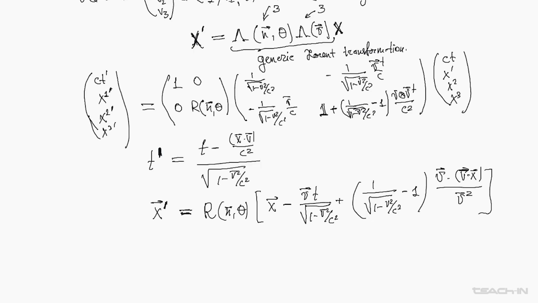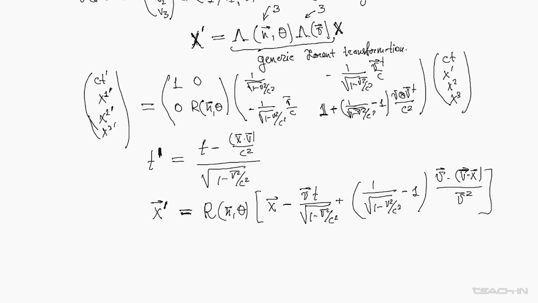So v here is not a velocity of a particle, but a velocity with respect to which you boost one Lorentz frame with respect to the other. You just have a point or event in one Lorentz frame, and you see how the coordinates of this event change when you go to another Lorentz frame. The event is one and the same, but you are changing the frame, and so the coordinates of this event in a new frame will look different.